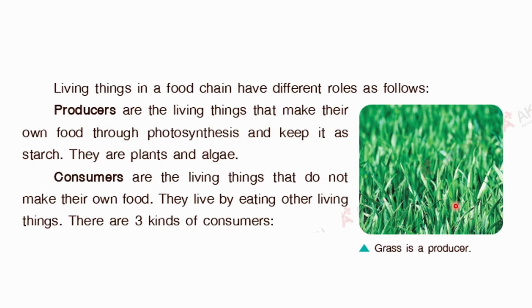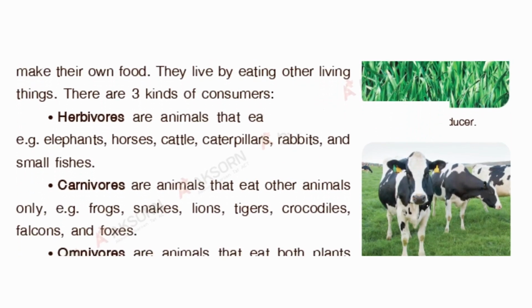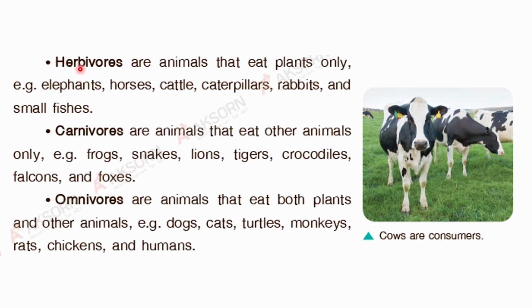As you can see here, the picture of the grass. The grass is a producer. It produces the food, the energy for other living things. Herbivores are animals that eat plants only. Example: elephants, horses, cattle, caterpillars, rabbits, and small fishes.